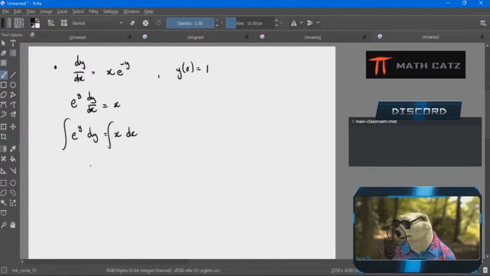Integrate both sides. The left-hand side in isolation: the antiderivative of e to the y is e to the y. Antiderivative of x is 1/2 x squared. And my integration constant at the end, I just put it on the right side.